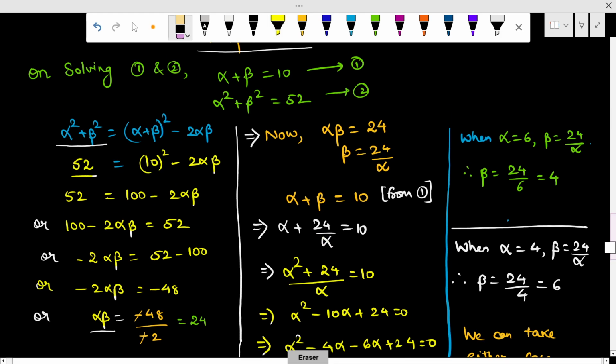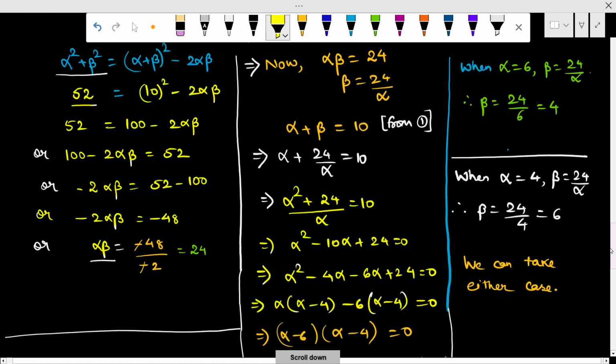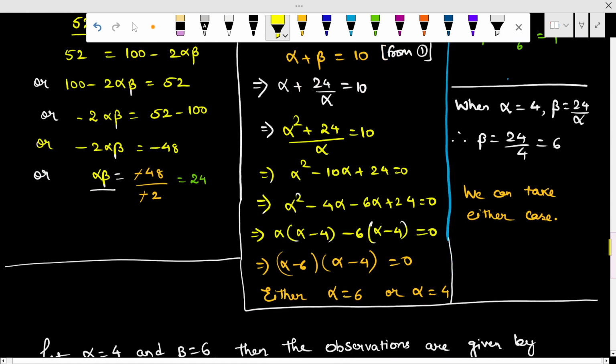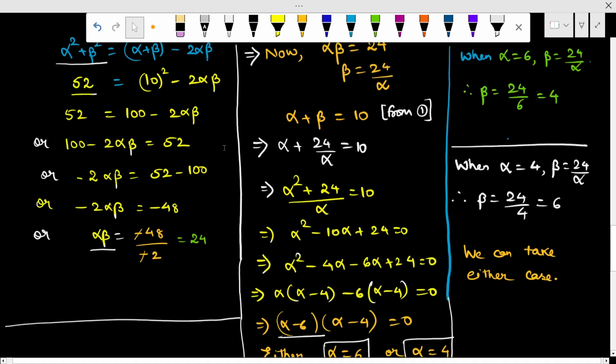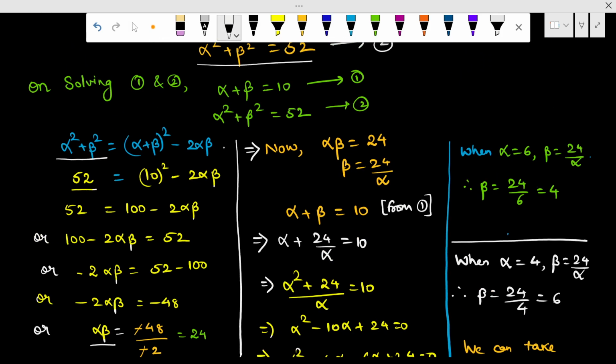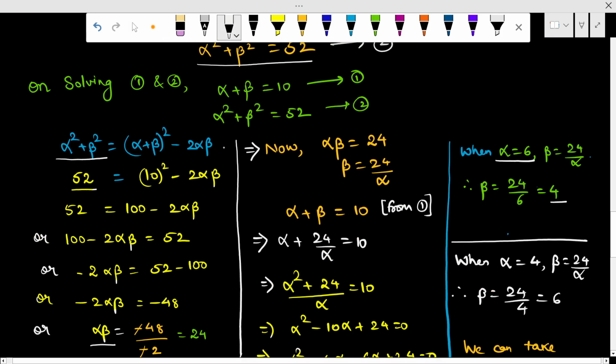Next, we have factorized this and we got our answer as either alpha equals 6 or alpha is 4, right? Now when alpha is 6, then you get beta as 4, and when alpha is 4, you get beta as 6.